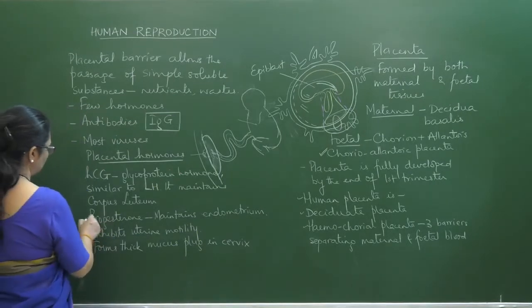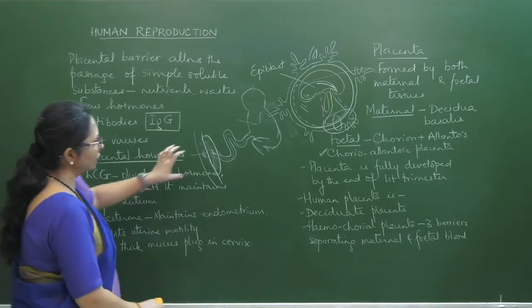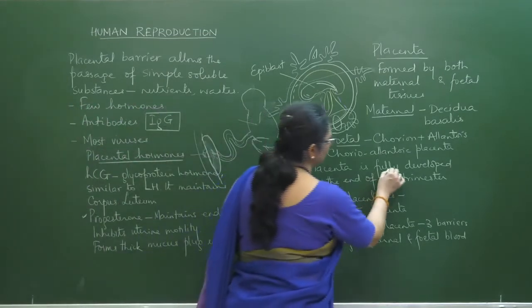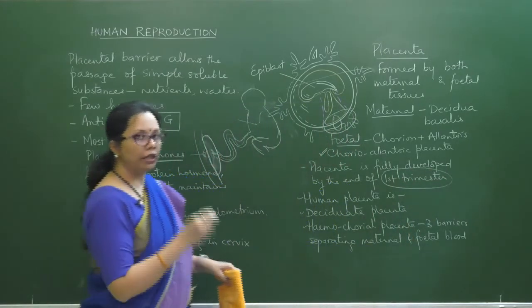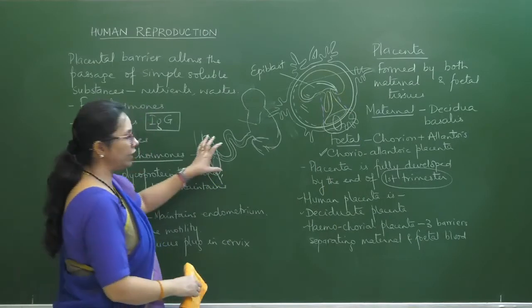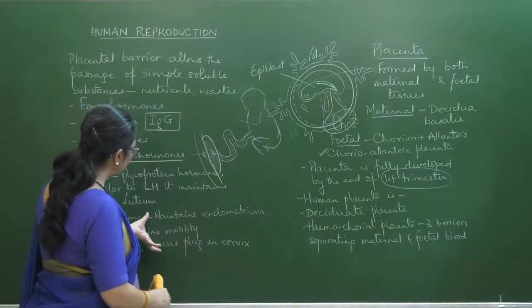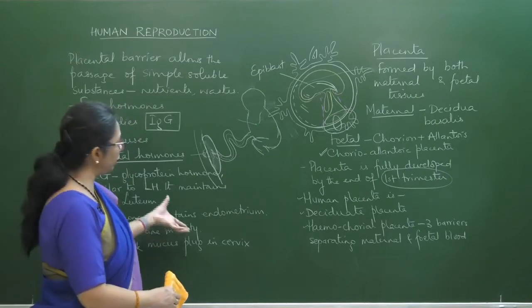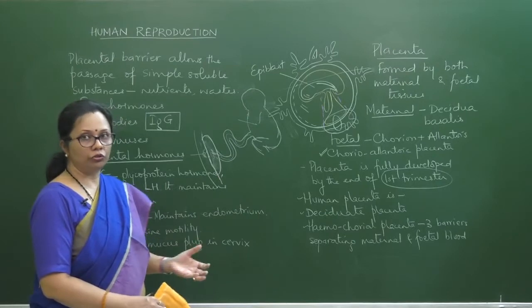And now you see when the placenta is fully developed, like here you see first trimester, by the time the first trimester ends, that is the third month, the placenta will take over progesterone secretion. Once progesterone is sufficiently being produced, there is no need for ovarian progesterone, okay.